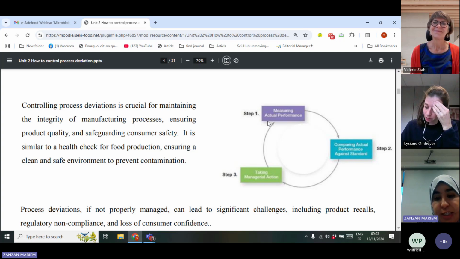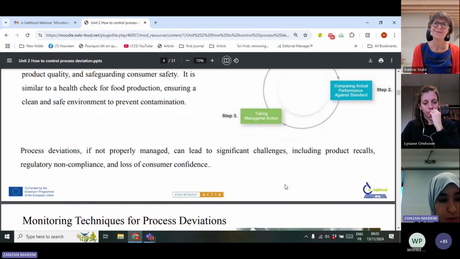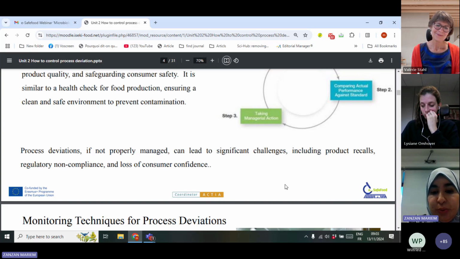And if there is any problem, we have to immediately act with corrective actions, which is step 3, taking managerial action. As I said before, if process deviation is not properly managed, it can lead to significant challenges, including product recalls, regulatory non-compliance, and the most important, the loss of consumer confidence.